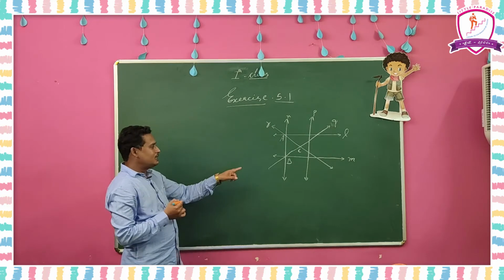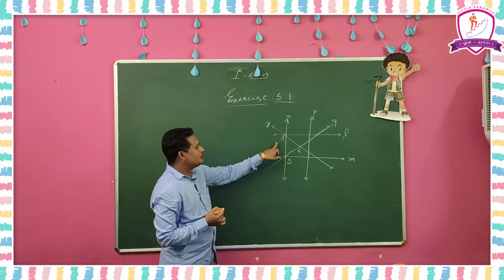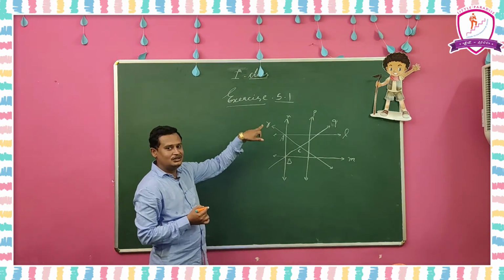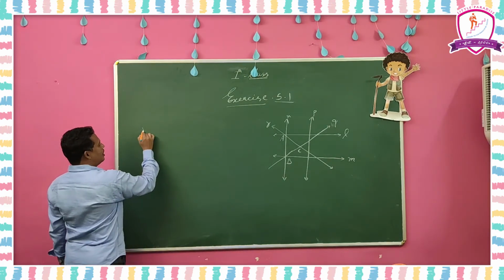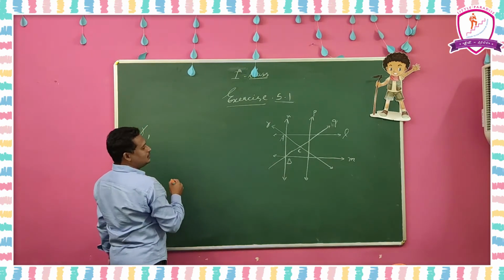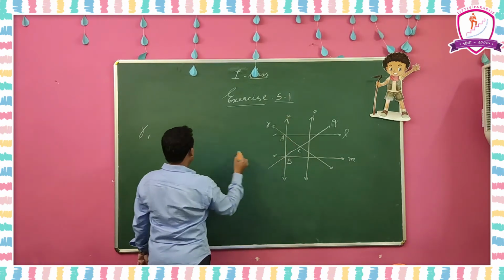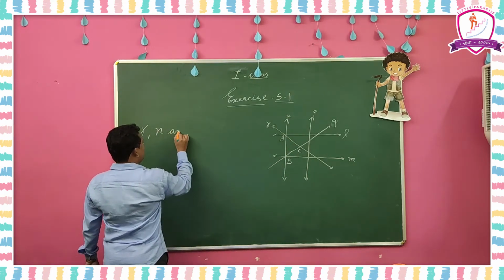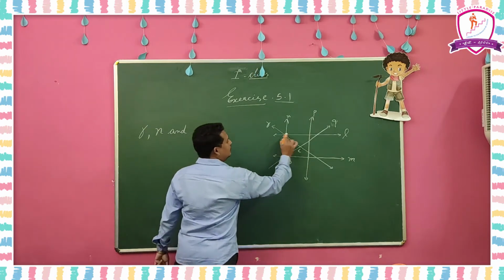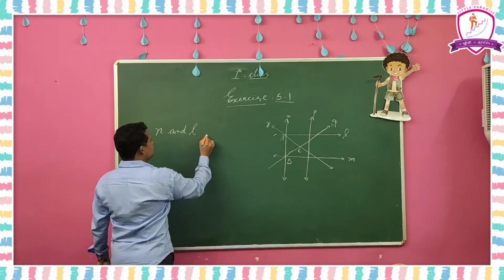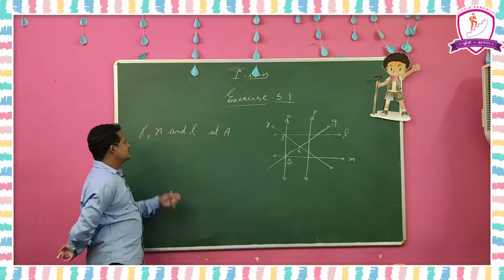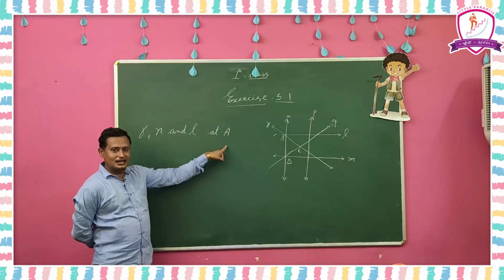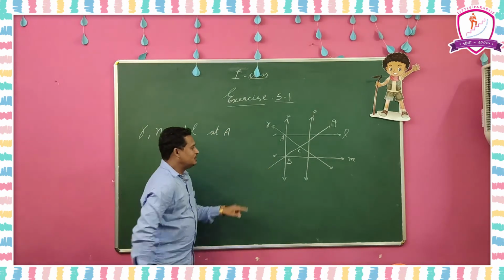We have to write which lines are passing through A first. So from A, R, next N, and here L is also passing through A. These 3 lines are concurrent at A. At B also 3 lines are concurrent.